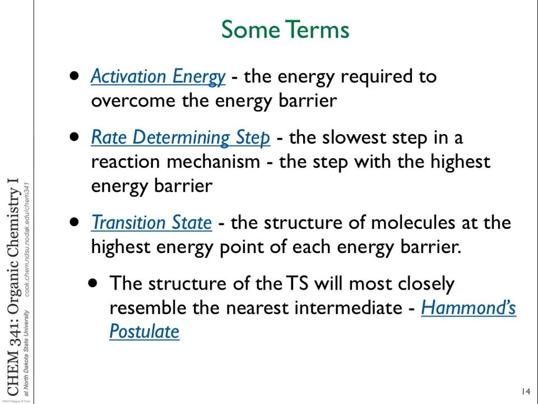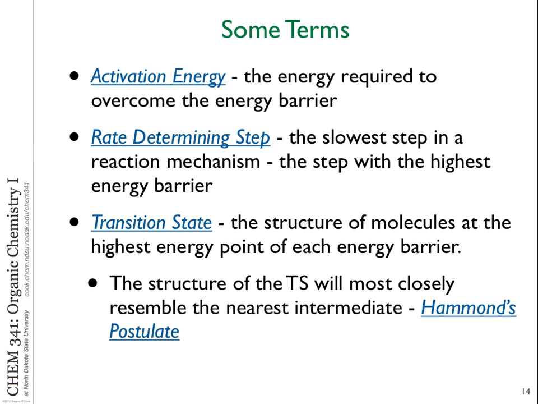The transition state is the structure of your reactants at that transition state, which doesn't exist except for an instant in time. And one thing that I didn't mention yet is the structure. Since we can't really observe it, we can only really calculate what the structure might look like. But we can make some guesses as to what it might most closely resemble.